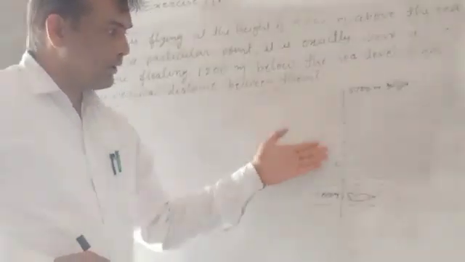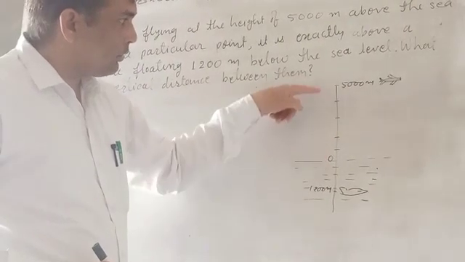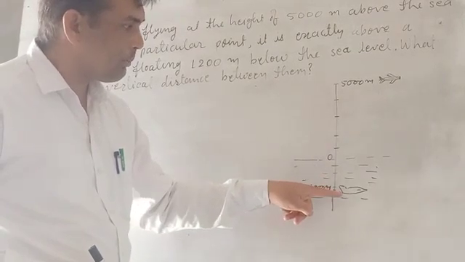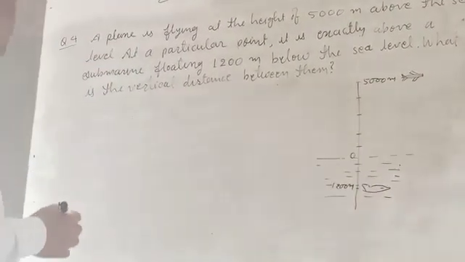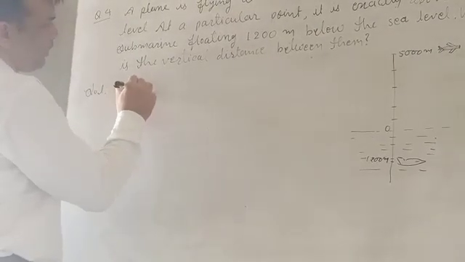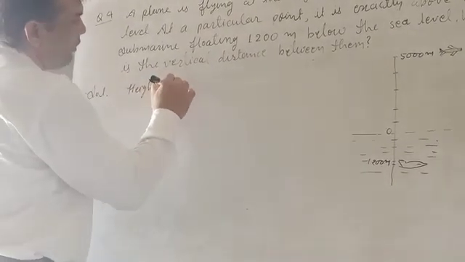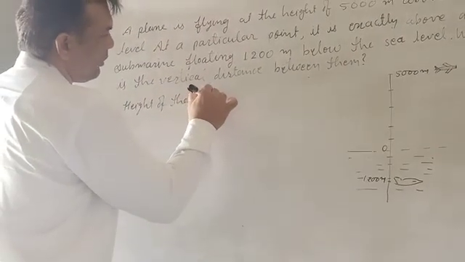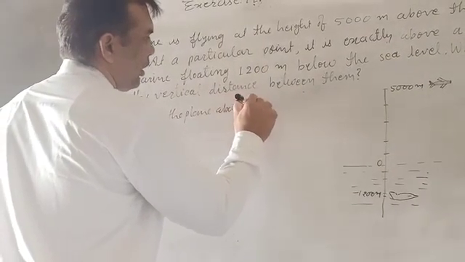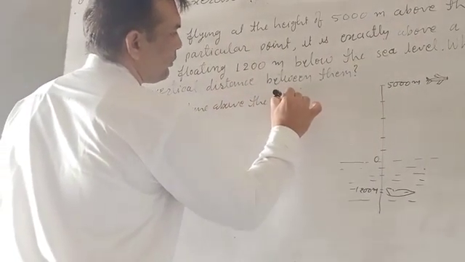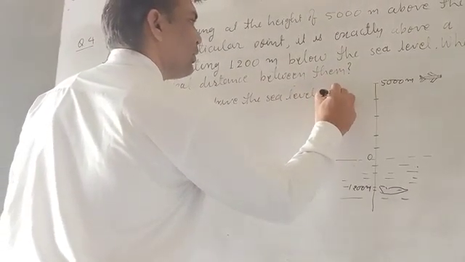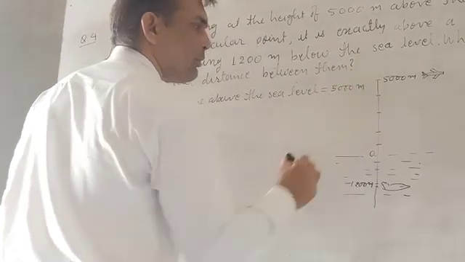In the figure you can see this is the height of the plane from sea level and this is the depth of the submarine below the sea level. Then solution: height of the plane above the sea level is equal to 5000 meter.